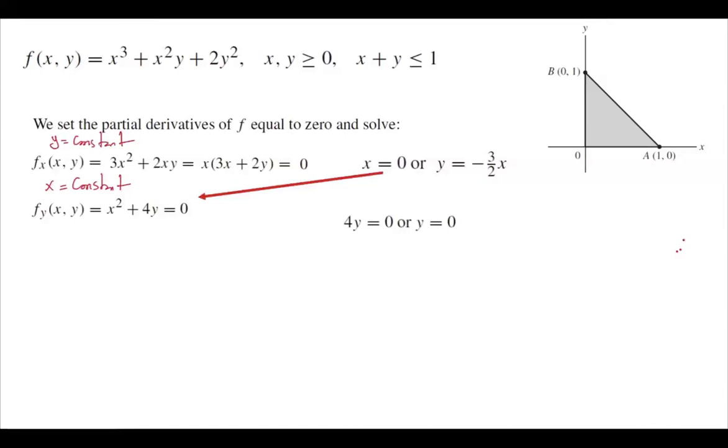Please note that your x from the first equation is 0, and we consider this as a system of equations. We need to solve this together. So when you plug in x equal to 0, y is 0. What's the meaning of that? It means that 0 and 0 is a critical point.